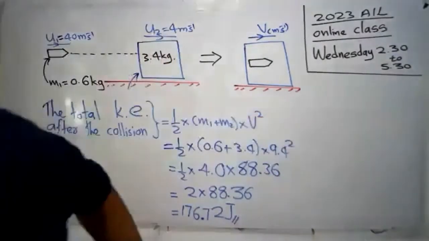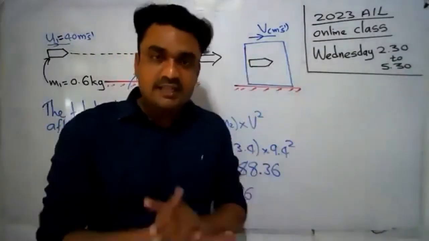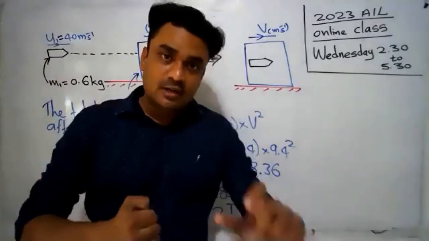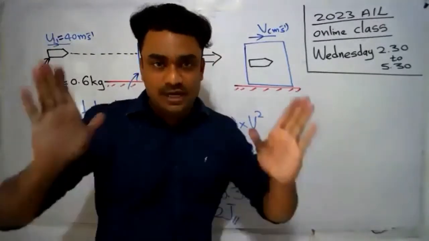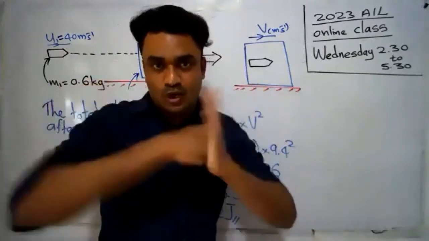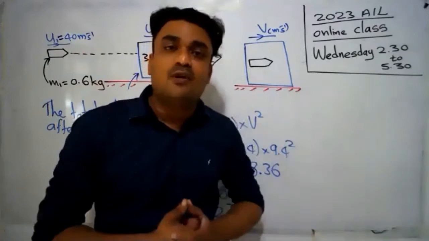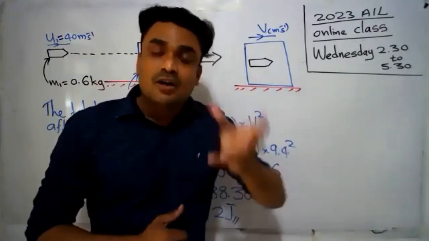what will happen? Let's say if I collide my hands, what will happen? Sound energy is generated. If you hit a nail by using a hammer, not only the sound energy but heat energy is also generated. So during a collision, sound energy and heat energy and some other forms of energy are generated. But actually, energy is not generated.